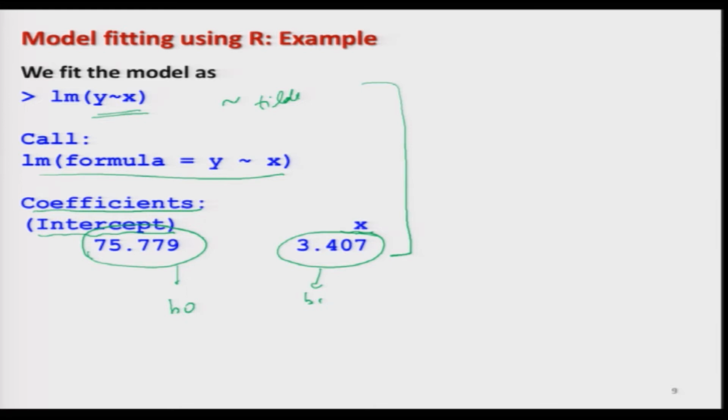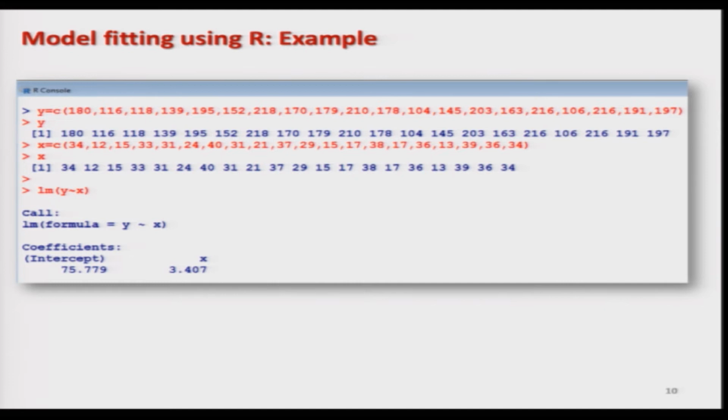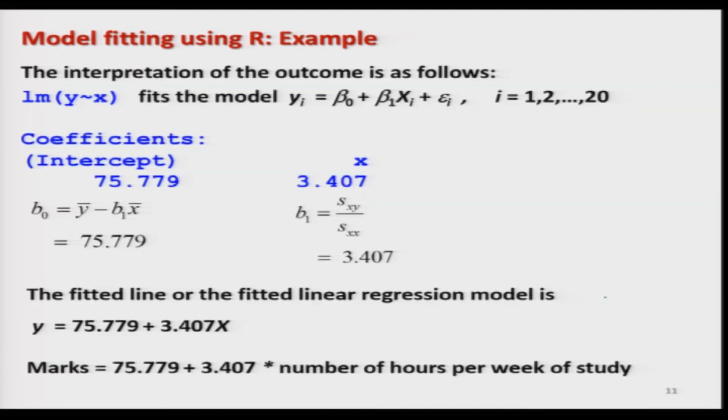Right. So this is the screenshot of whatever I have done, and now let me take these outcomes one by one and show you how you are going to interpret them. With this blue color, you know that you have the software outcome. So what is this here? Intercept term. This is 75.779, and this is the value of B0 that you had obtained as y bar minus B1 x bar.